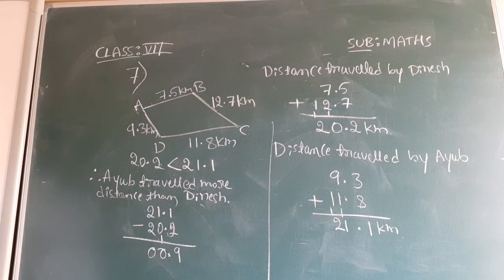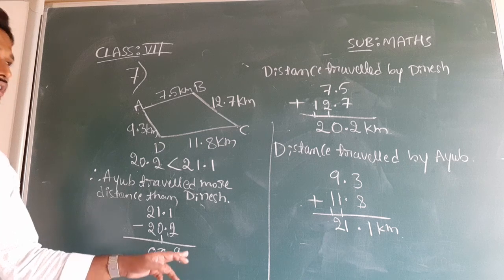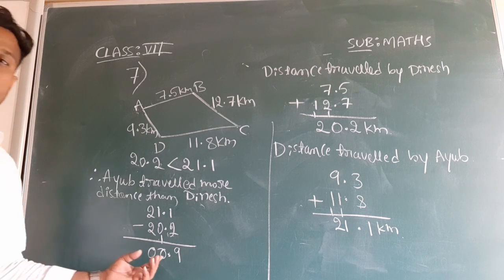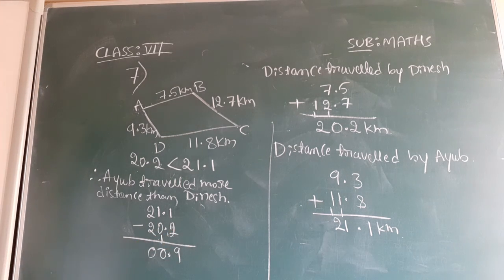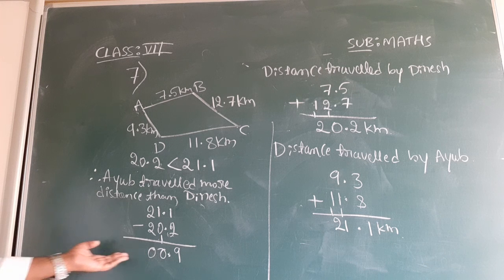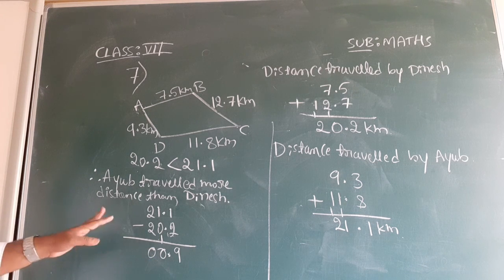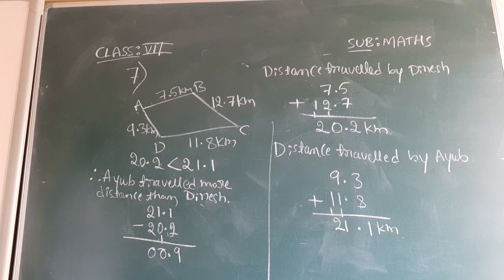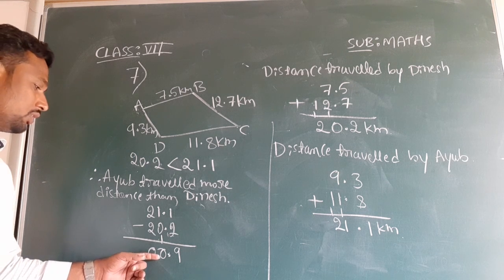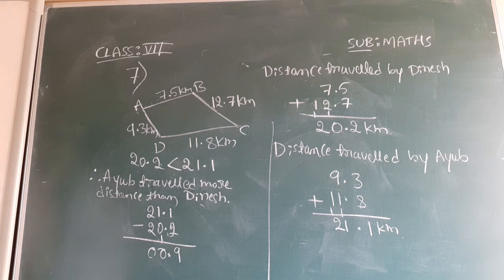So 0.9. You can consider it just as 0.9. Because if you write 0 in front of this value, you may write any number of 0s here, but those zeros don't have value. So you have to consider it as 0.9 kilometer.